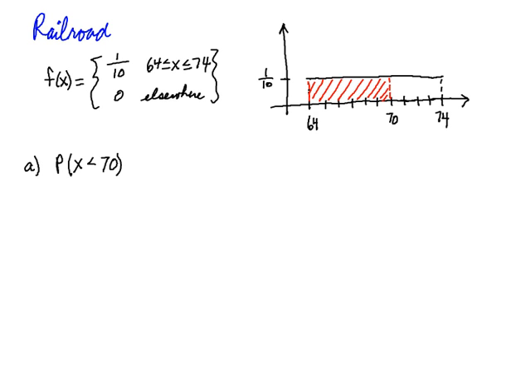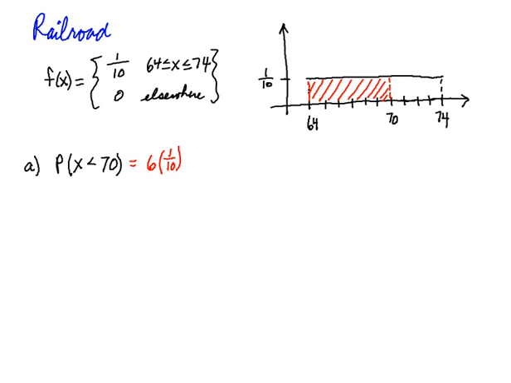So to calculate the area is to calculate the probability. And since the area for a uniform distribution is in the form of a rectangle, it's just the length times the width. So I would say 6 times 1/10. The difference between 70 and 64 is 6.